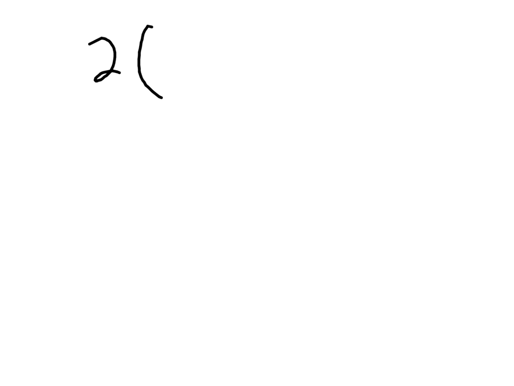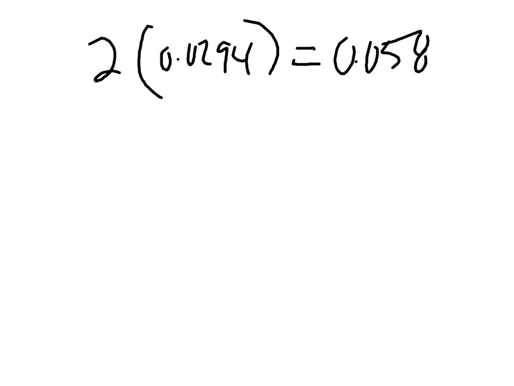So the next thing they do is take 2 times 0.0294, and they end up with 0.0588. And you can refer to their drawing there.